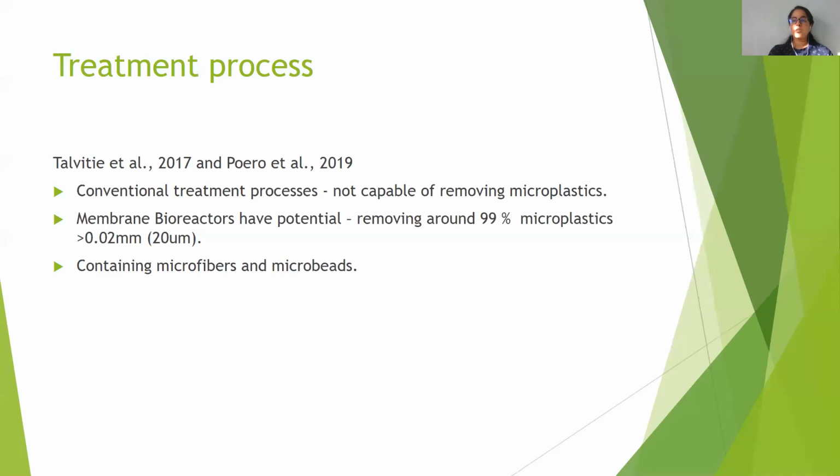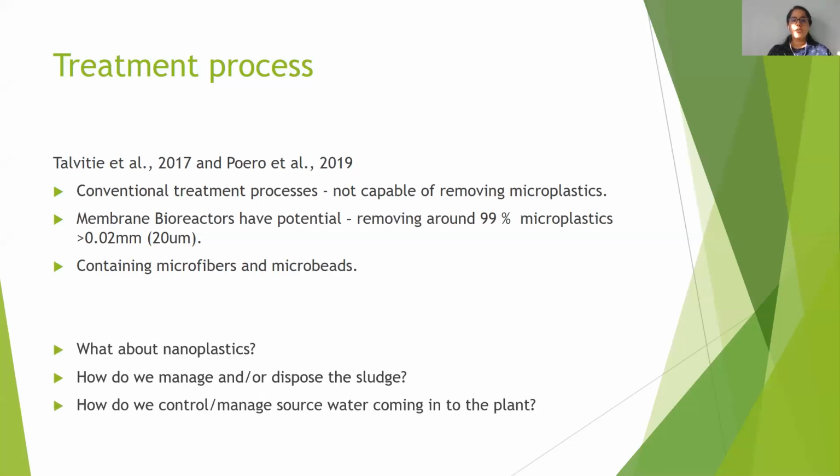And in the studies, they showed that the common microplastics were microfibers and microbeads. And as I've indicated, your microfibers are coming from your synthetic clothing items, and your microbeads coming from your cosmetics, and also some of your detergents like your dishwasher and your washing machine pods as well. So as I've mentioned, what about nanoplastics?